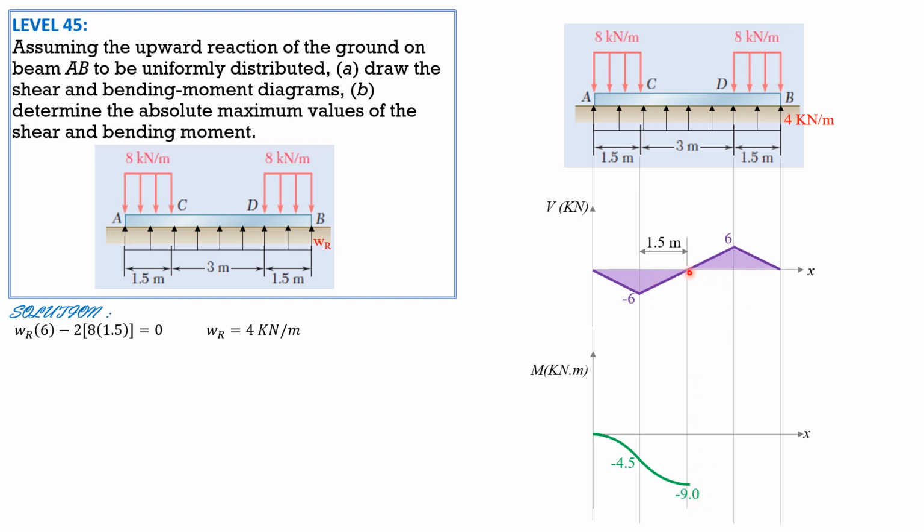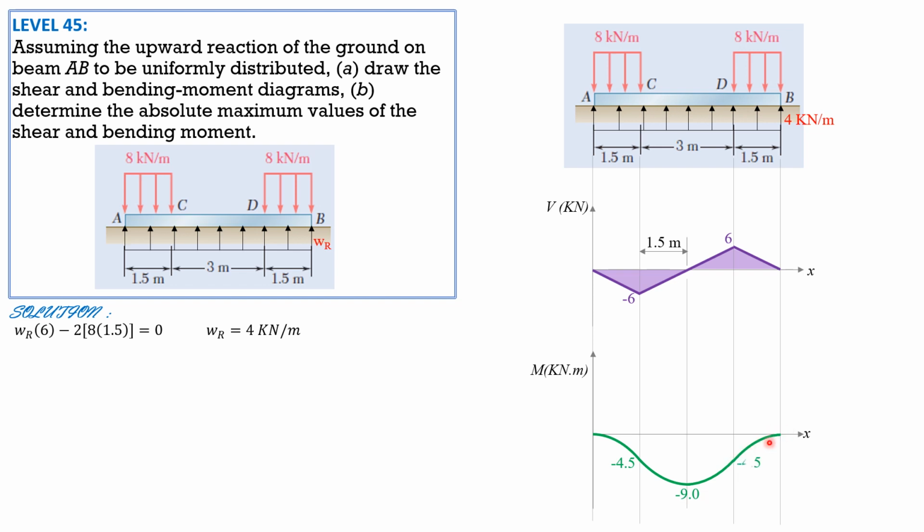Then here we have 0 slope, horizontal, to positive 6 slope. So it is concave up like that to connect the two curves. Negative 9 plus 1 half of 1.5 times 6, 4.5. So negative 4.5 here. And from the last part, we have positive 6 slope to horizontal slope. So we connect them with a smooth curve, and it is concave downward.